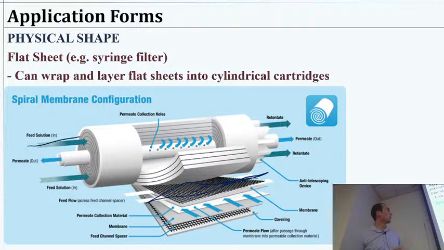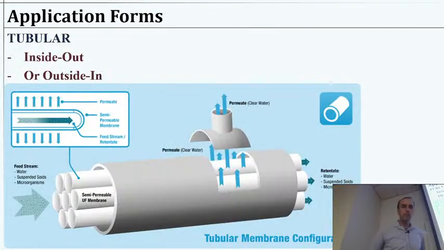So if we were feeding into the side here, if it passes through a membrane, then it's going to circle through this kind of extra porous support layer down into the middle and then be collected and be taken.